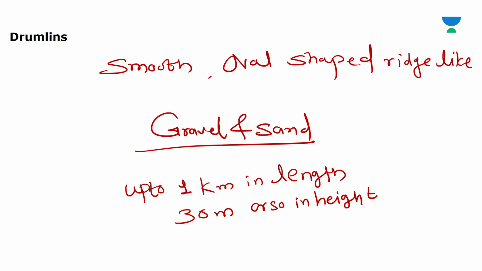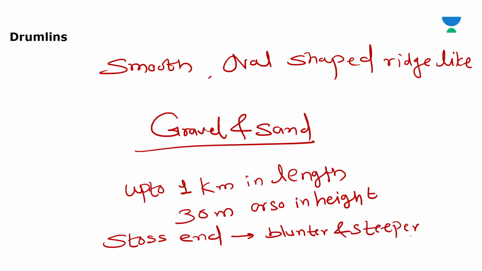One end of the drumlins which faces the glacier, called the stoss end, is blunter and steeper than the other end, which is called the tail.